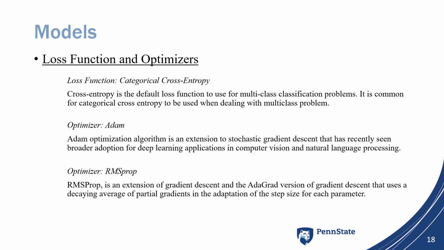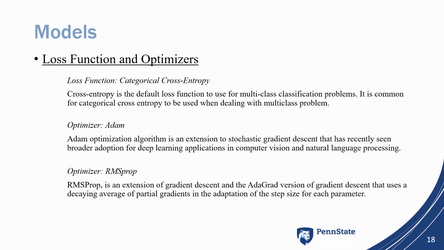The next optimizer that we use is RMS-prop. RMS-prop is an extension of gradient descent and the AdaGrad version of gradient descent that uses a decaying average of partial gradients in the adaptation of the step size for each parameter.